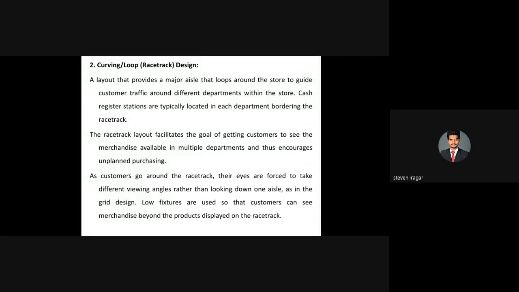Now this type of facility has a certain goal: to get the customers to find the maximum multiple types of merchandise which is available in the store from different departments.